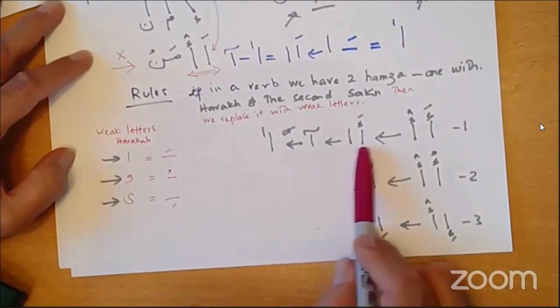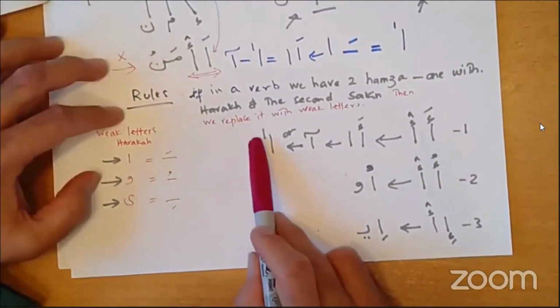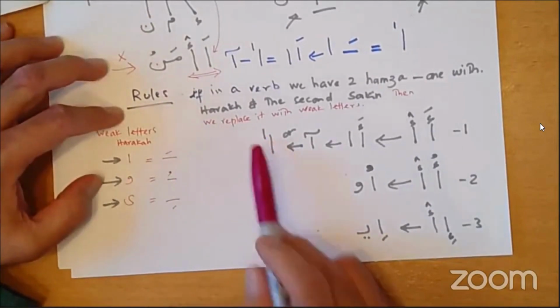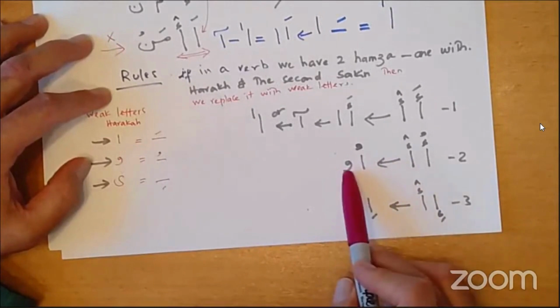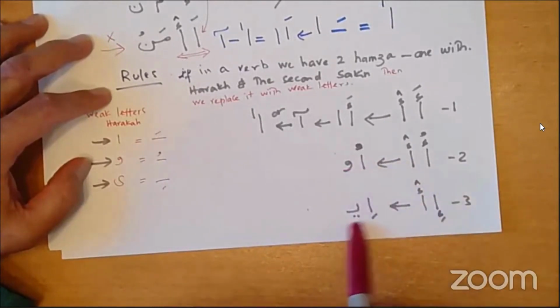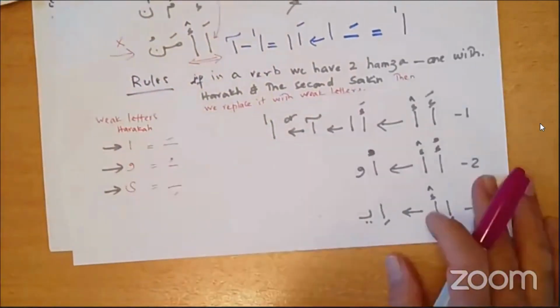So over here, the alif will be denoted by this standing alif. But if there was waw, then it will become u, and if it's ya, then it will become e. Is that making sense? Everybody on the same page now? Alhamdulillah.